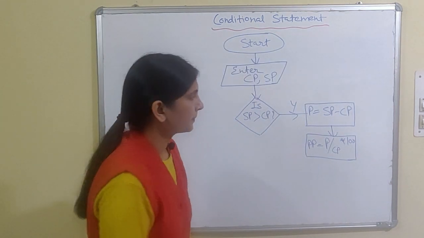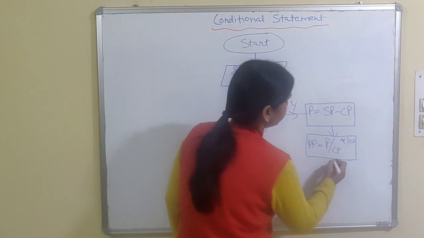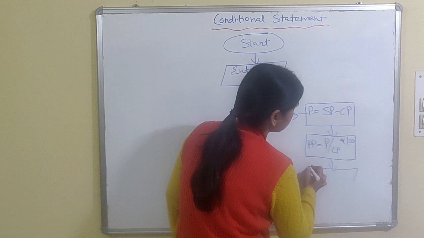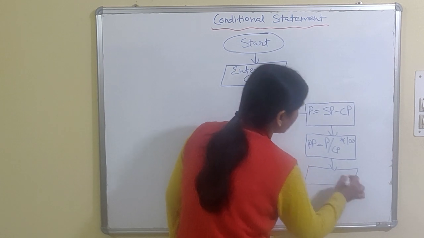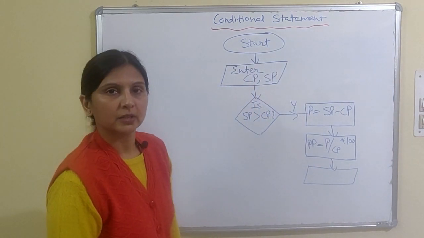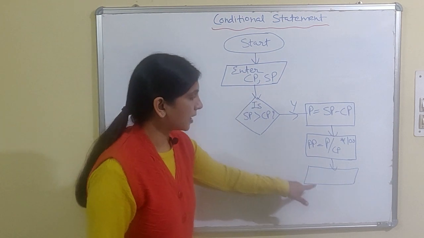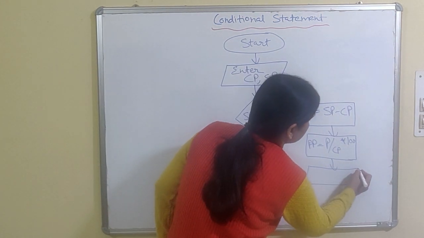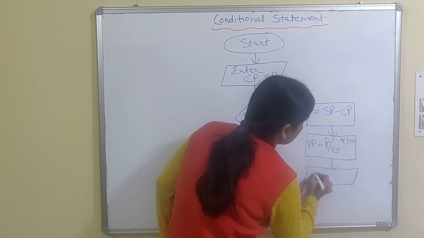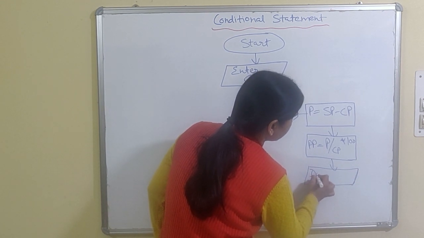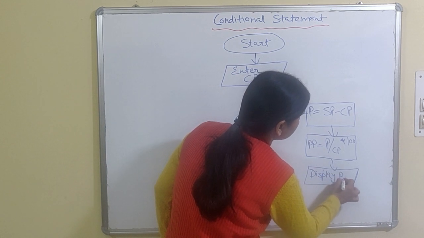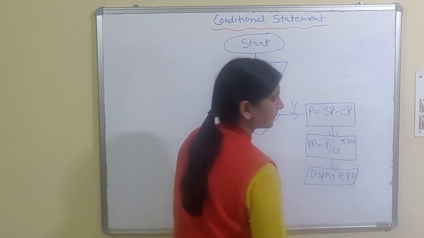P by CP into 100. Fine. Then display. Display means output. Fine. So shape of input box and output box is same. So parallelogram, output. For here you will write display. Fine. Display what? P and PP both.